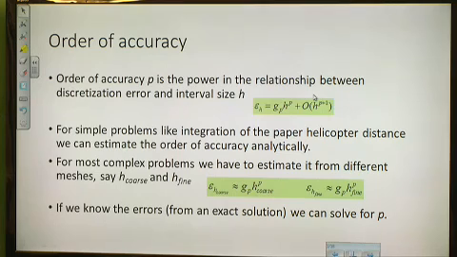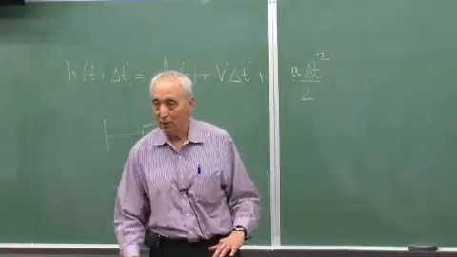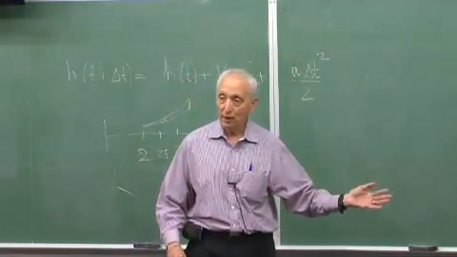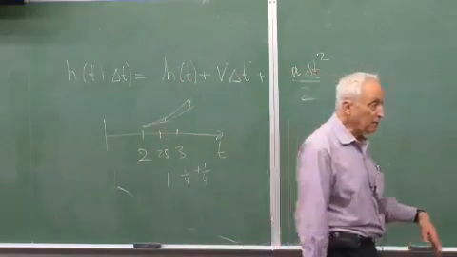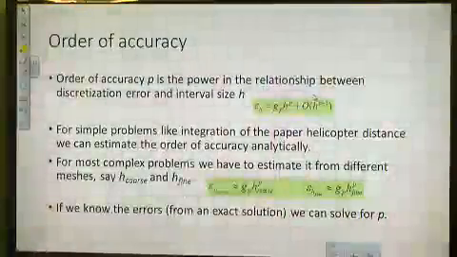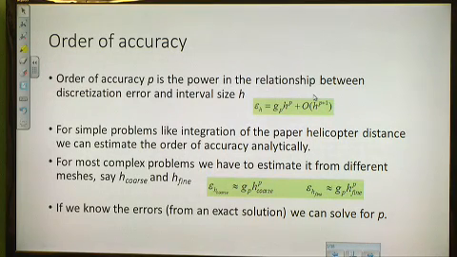That is, you analyze the problem with a fine mesh, you analyze it with a coarse mesh, you have an analytical solution like we have for the helicopter, and we can check the error. In such cases, we can say that we have two equations with two unknowns for p and g sub p, and the two meshes, a coarse mesh and a fine mesh, will allow us to estimate both g sub p and p.